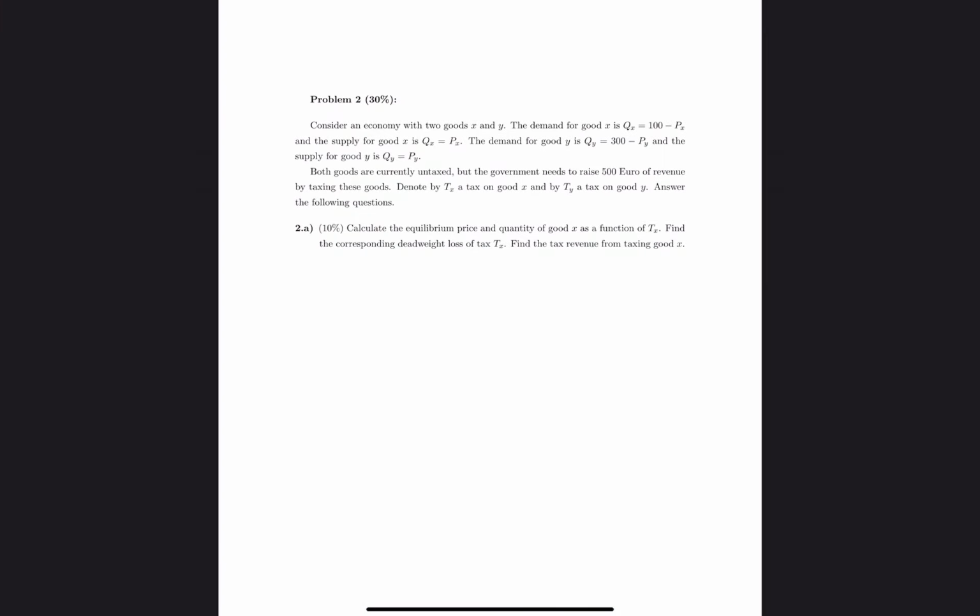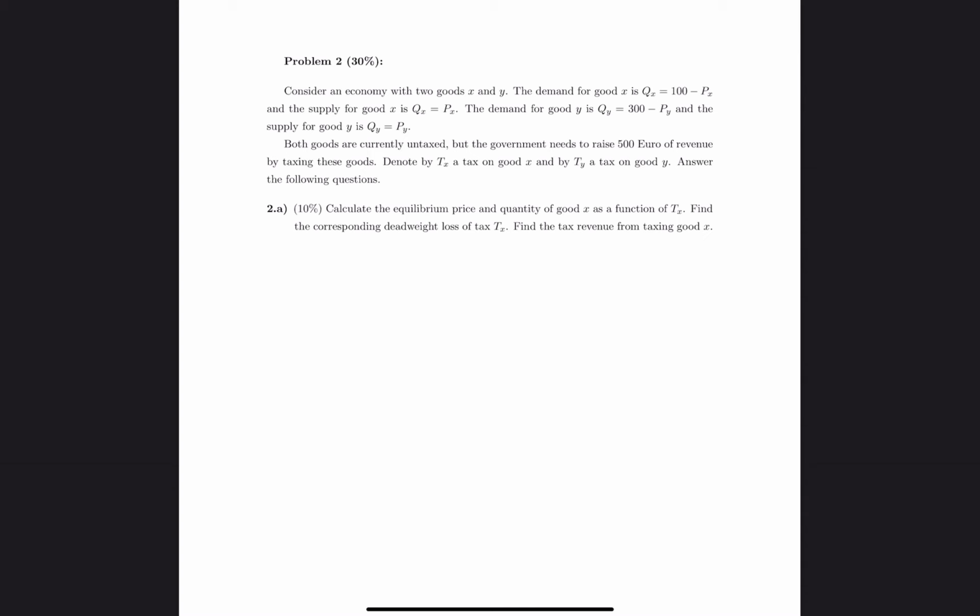So, okay, question number 2. Consider an economy with two goods X and Y. The demand for good X is Qx equal to 100 minus Px, and the supply for good X is Qx equal to Px. The demand for good Y is Qy equal to 300 minus Py, and the supply for good Y is Qy equal to Py.